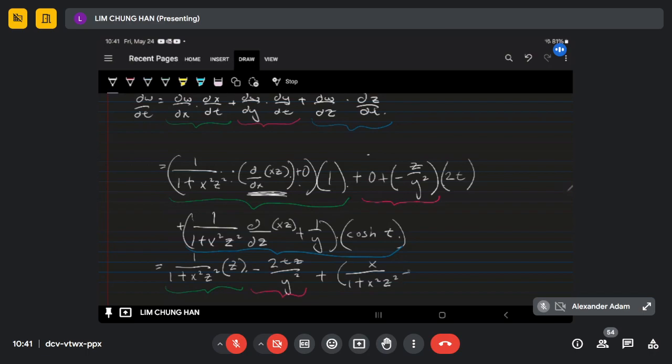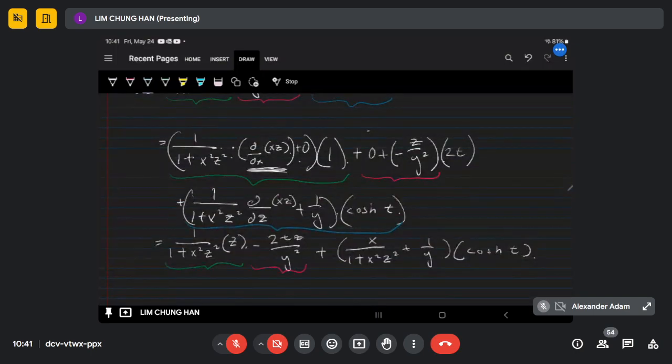That 1 over y, I forgot. 1 over y times cosh t. Okay, this is the blue part. Okay, like that. Is that clear? Is that okay, everyone?